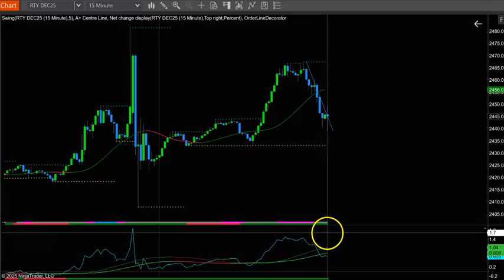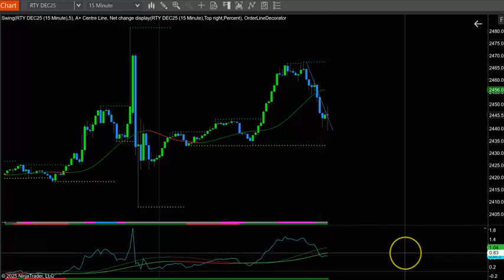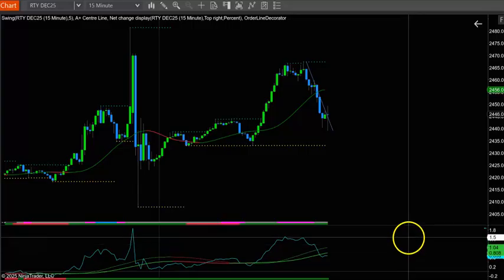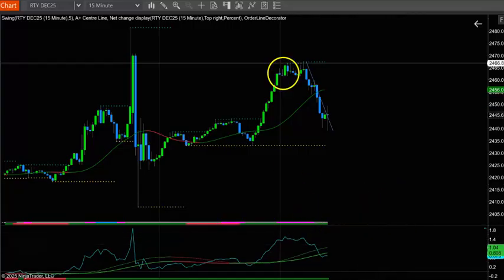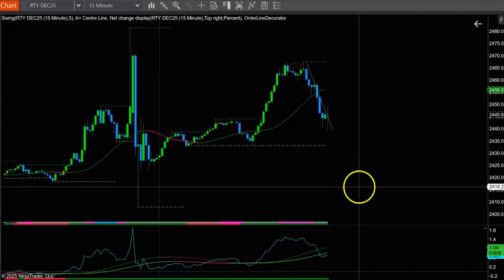I'd like to see this turn up. Usually with RTY, the good thing about it is once it gets going in an up move, it really goes. Same thing with a downtrend.